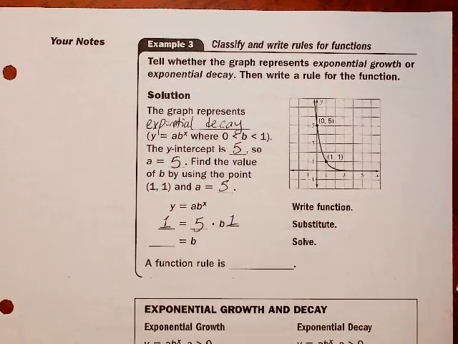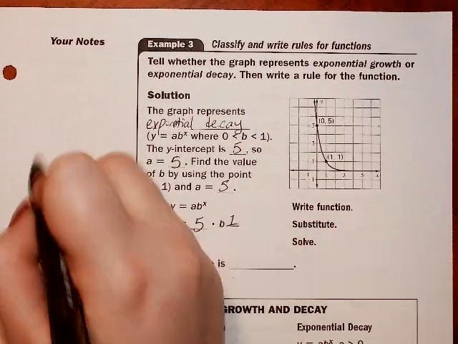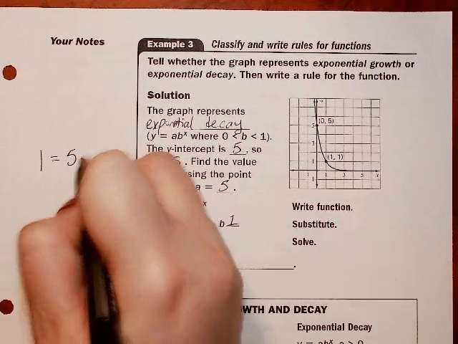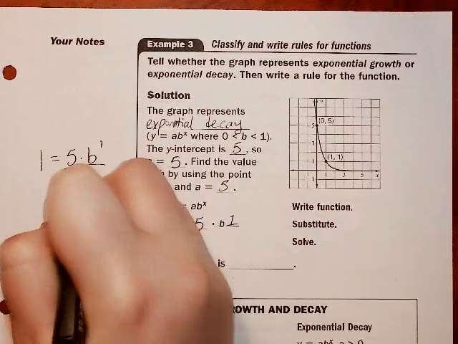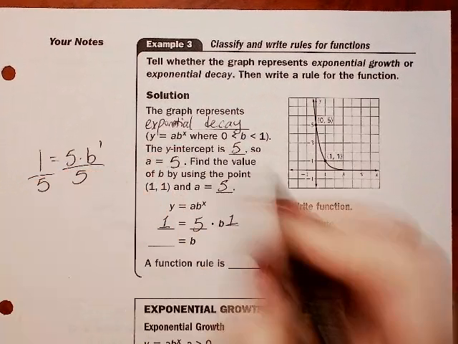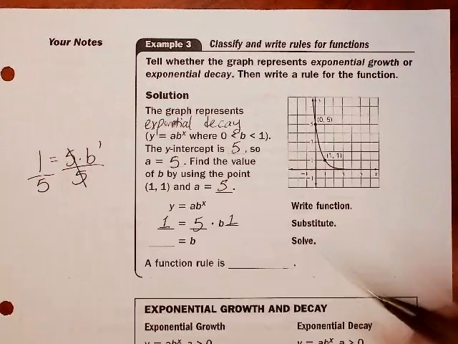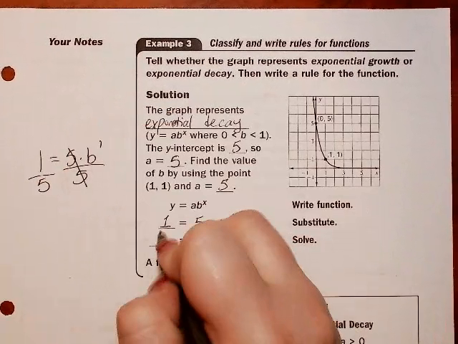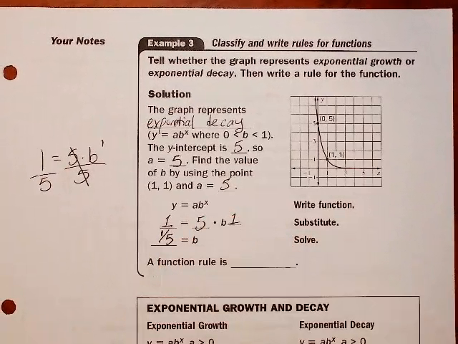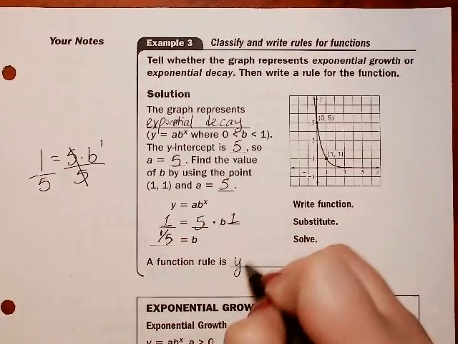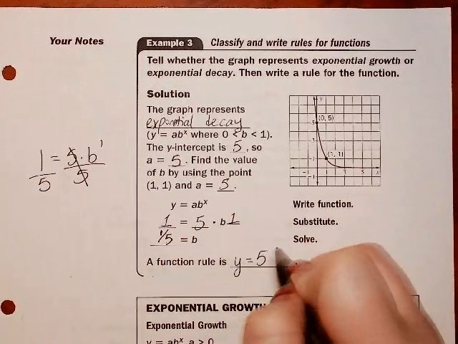So then we have 1 equals 5 times b to the first. We divide by 5. And we get b to the first, or just b, is equal to 1/5. So our function rule is y equals 5 times (1/5)^x.